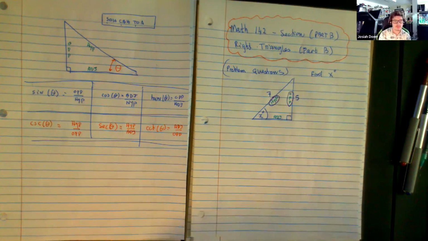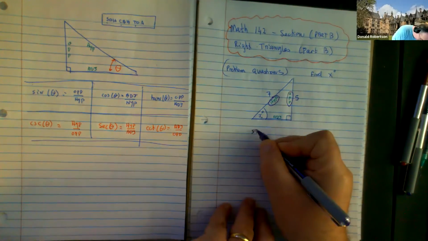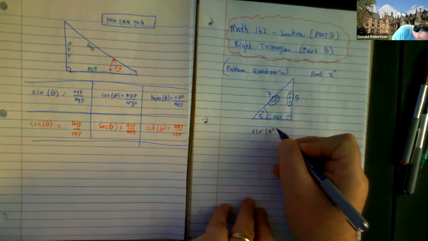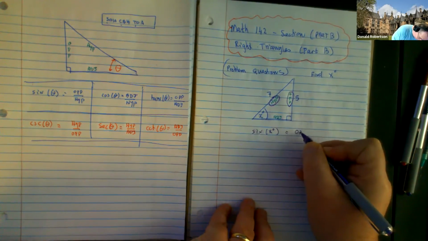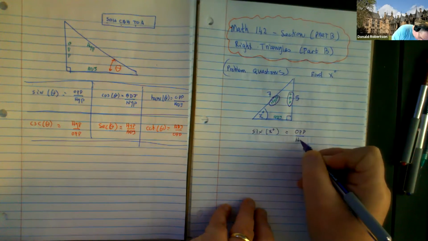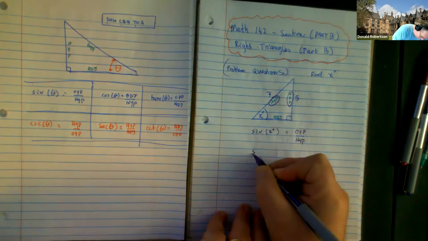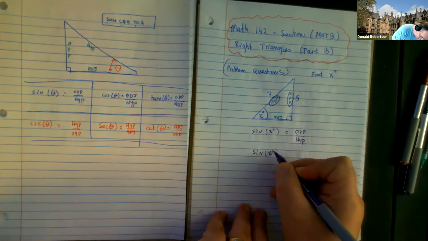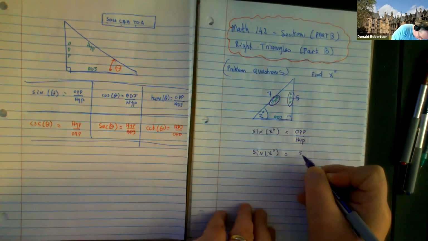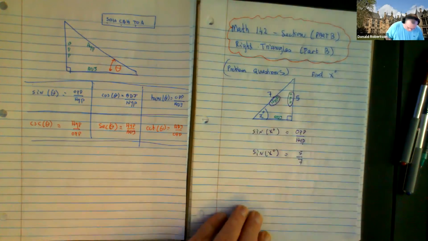Sine. Okay, so you would say the sine of x degrees is opposite over hypotenuse. So you would say the sine of x degrees is 5/7.